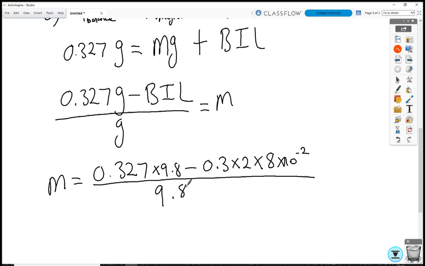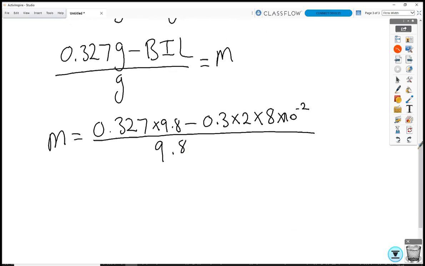If you could just put that into your calculators and give me a value. 0.322 kilograms.